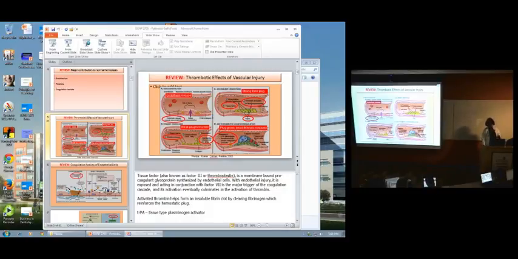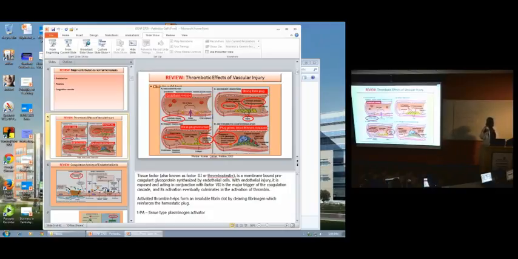The very next thing that happens is primary hemostasis, and that starts off with platelet adhesion. What causes platelet adhesion? When you have erosion of the endothelial cells, it exposes the subendothelial layer, which is where you have the extracellular matrix, collagen in particular.